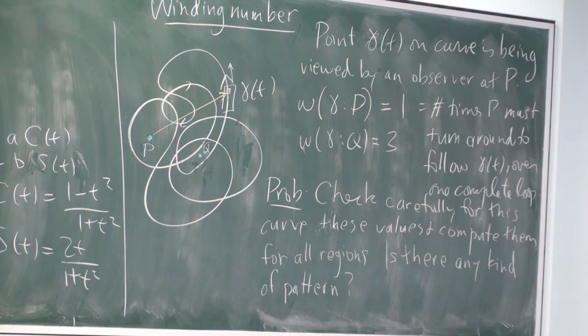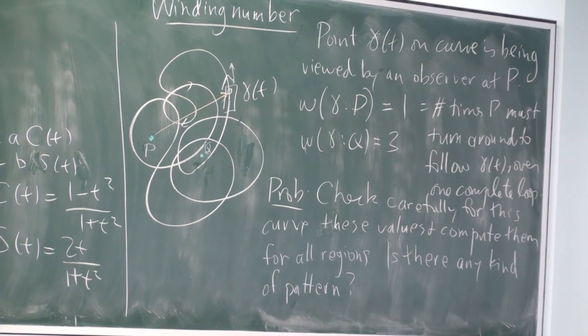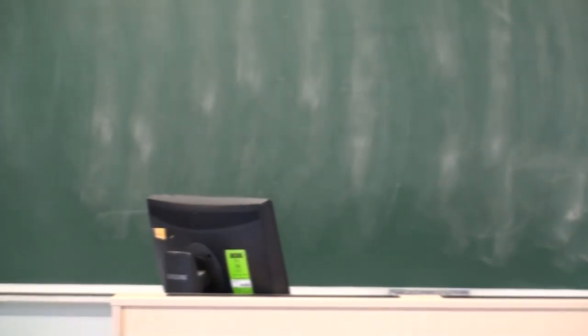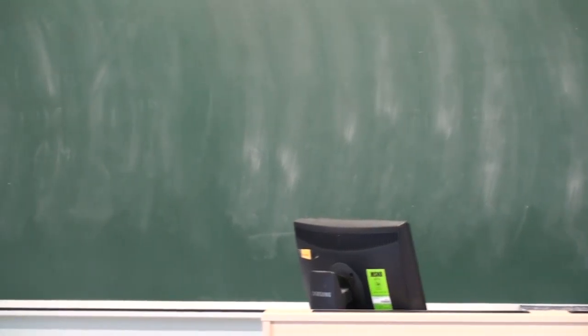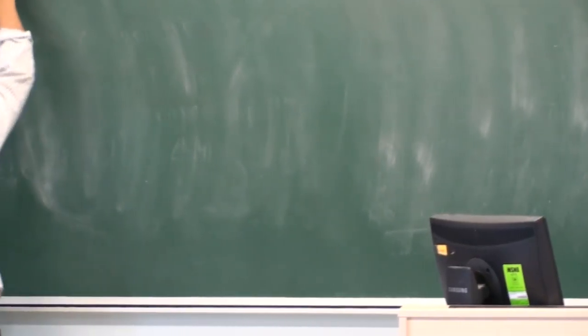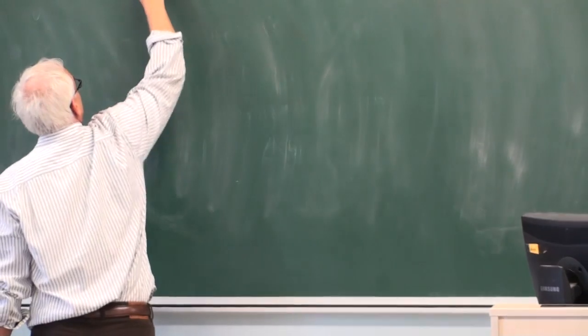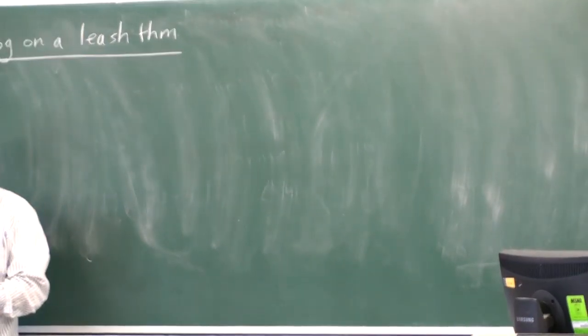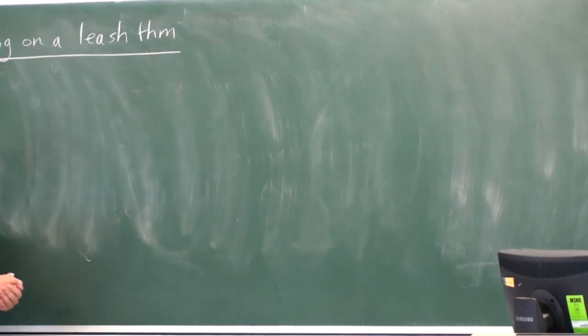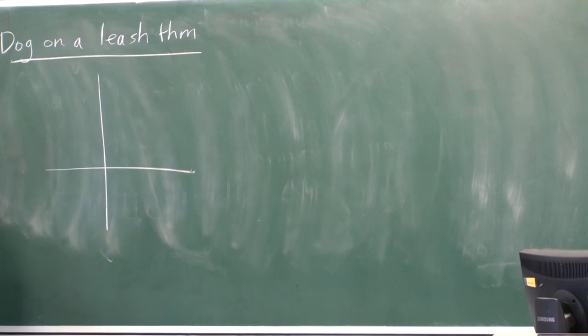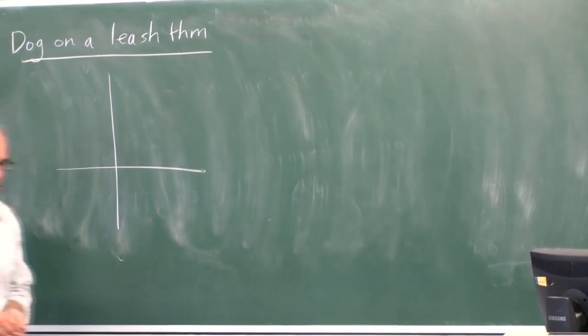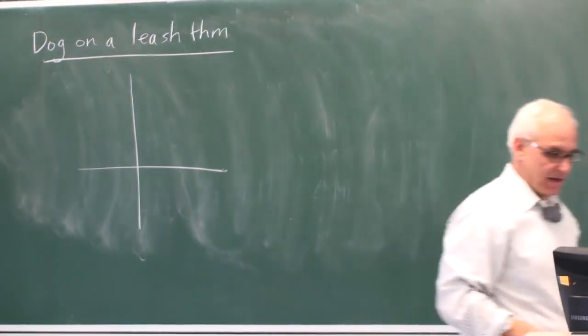So in this context of winding number, there's a pleasant and almost amusing little theorem that's quite important in complex analysis that has to do with winding numbers. It's sometimes called the dog on a leash theorem or lemma. In its simplest version, it's this: you're taking your dog for a walk, and you're walking around a tree.